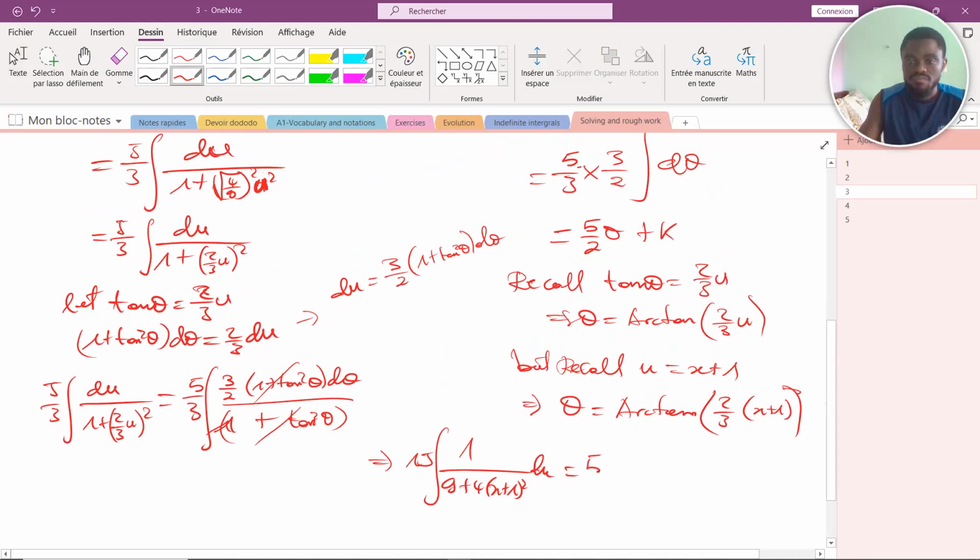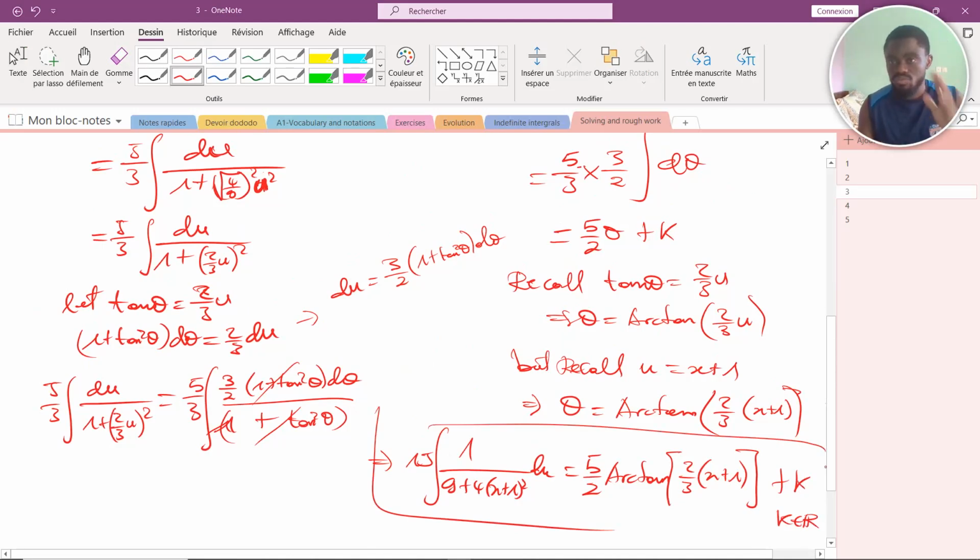This will be 5 on 2 arc tan, or the tan inverse, of 2 on 3 into x plus 1, plus our constant of integration k belonging to R. So you basically see that we have the same results.